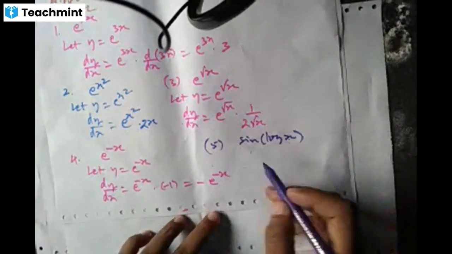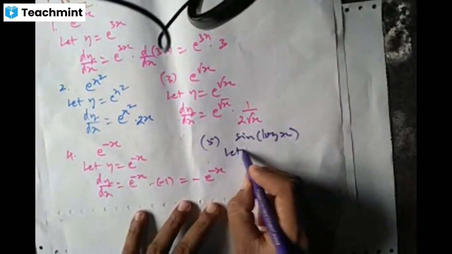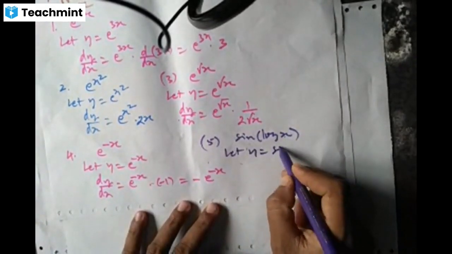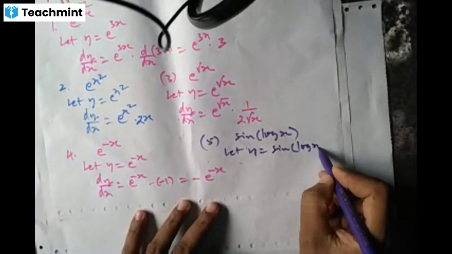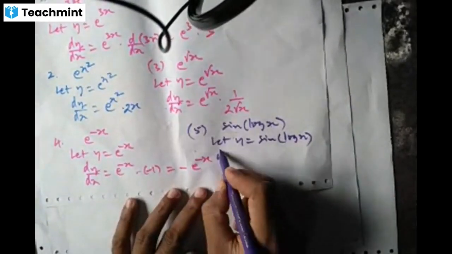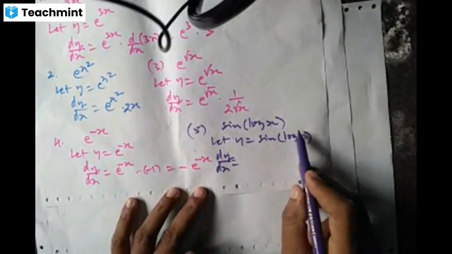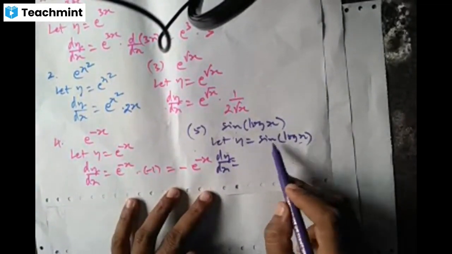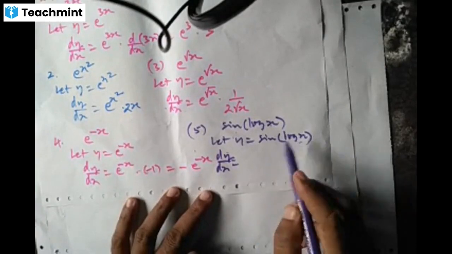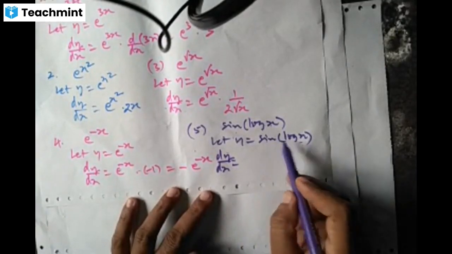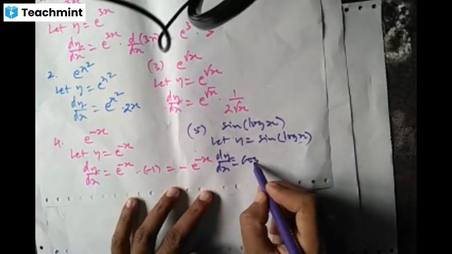Okay. So first we shall take the given function as y. And then what is dy by dx? You just assume this bracket as u. Okay. What is the derivative of sine u with respect to u? Cos u, right? Derivative of sine u is cos u. So cos u.